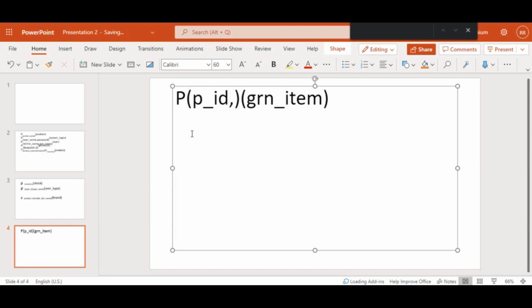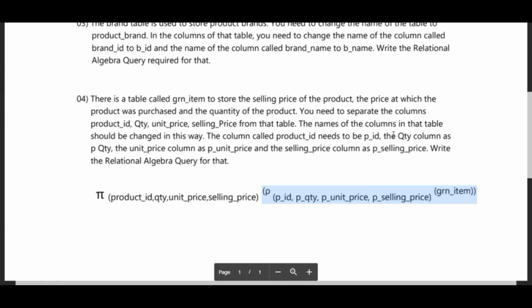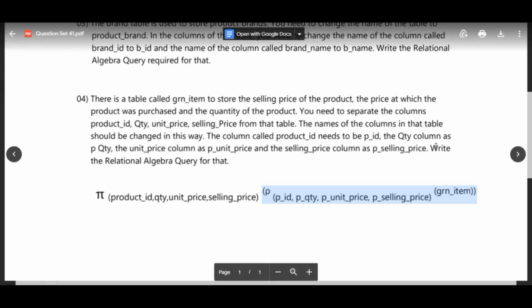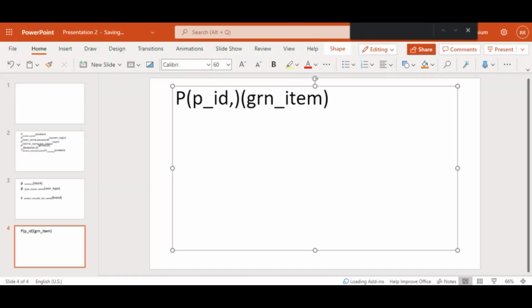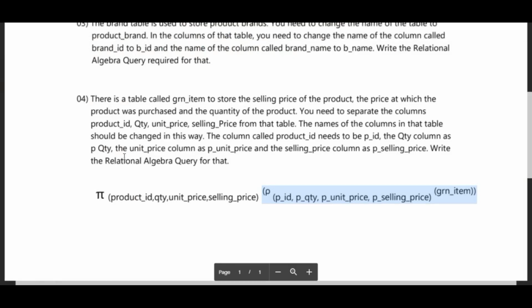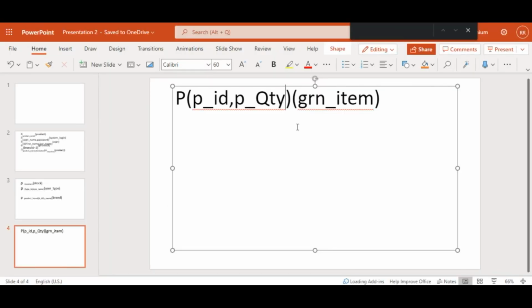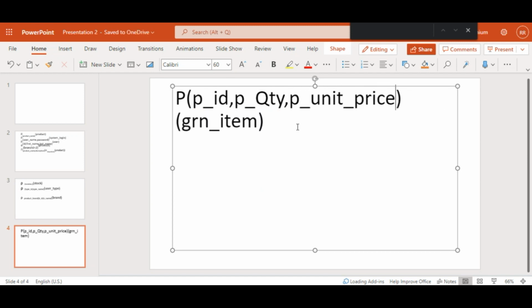PID, and after that the quantity column to PQTY, and the unit price column as P unit price, as well as P selling price, the selling price column.